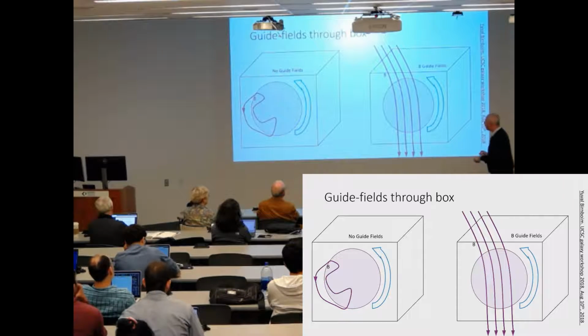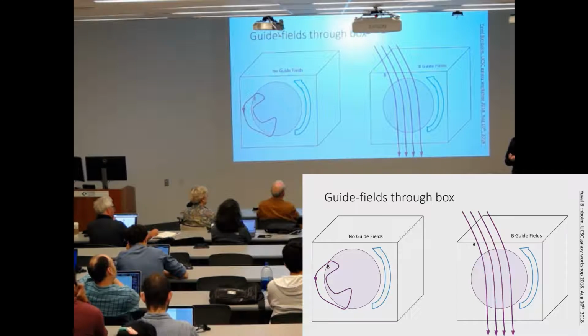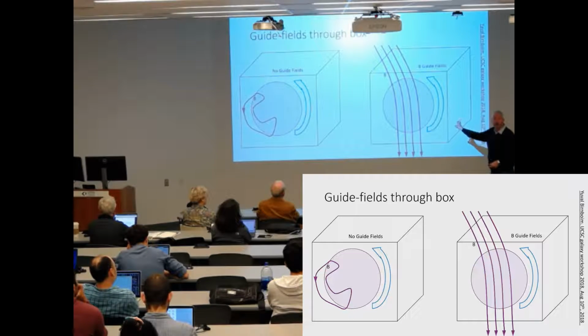And the guide field will act very differently on compression. While compressing, in principle, this kind of turbulence can die out. The magnetic field can die out. But here, it cannot die out, because once the box is compressed, we basically compress the flux lines, and the magnetic field has to go up, at least along the guide field.